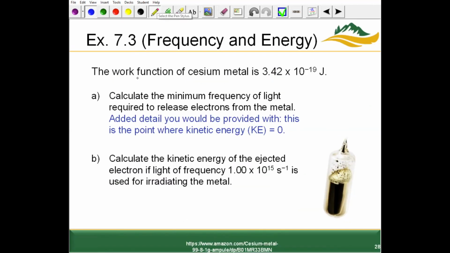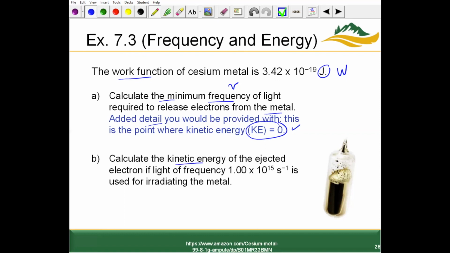So here we have the work function, that's that capital W, it's in units of joules. Calculate the minimum frequency, so nu, of light required to release electrons from metal. An added detail you would be provided with is that at this point, we're going to use a kinetic energy of 0. So you'd be given information like that in order to use the equation we just saw.